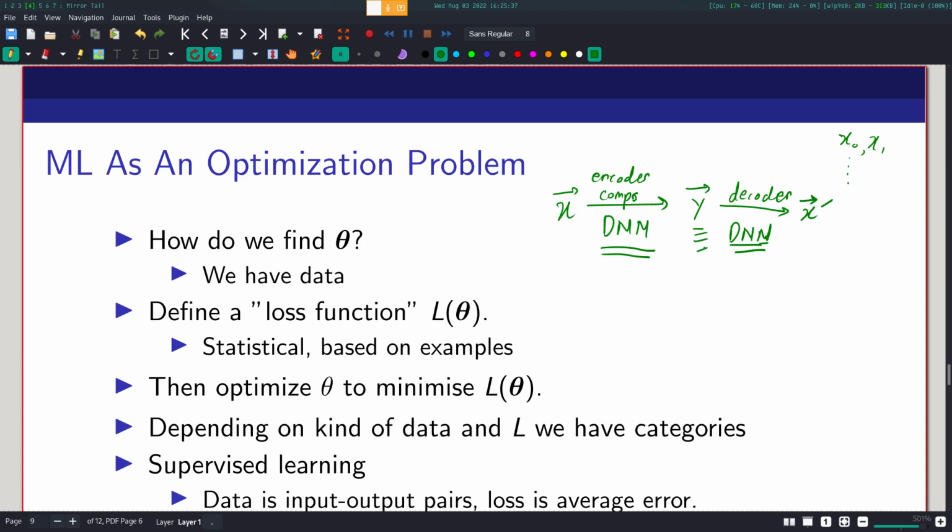Then you know that the way your compression algorithm is supposed to behave is that your decoder should basically be the inverse of your encoder. That is, x prime should be equal to x. That is the expected behavior, so you encode that into your loss function. You say that loss is basically the average distance between x prime and x.